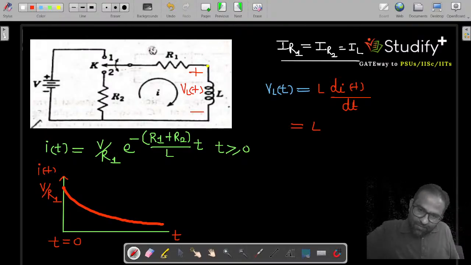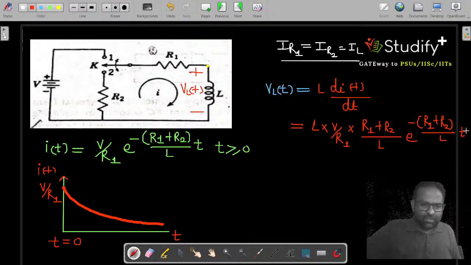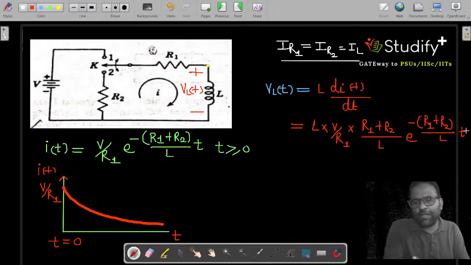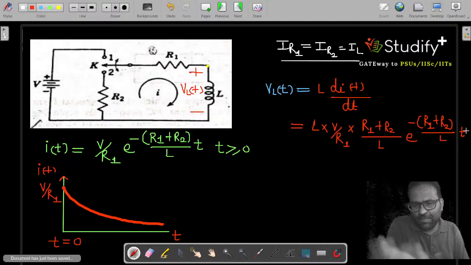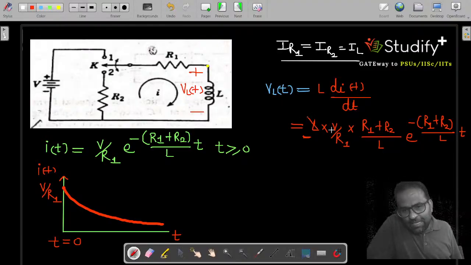When I differentiate it, this is L. And what is the differentiation of this? The differentiation of this is V divided by R1 into (R1 plus R2) divided by L into e to the power minus of (R1 plus R2) divided by L into t. As you know, the differentiation of e to the power minus Pt is minus P, so you can write minus here. Now L and L cancel.